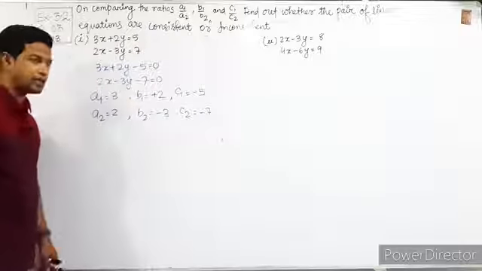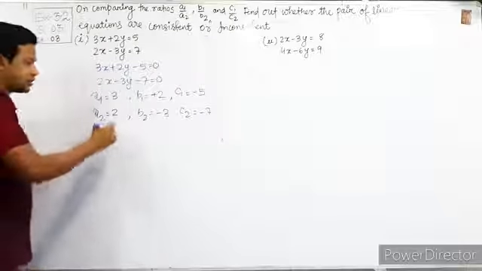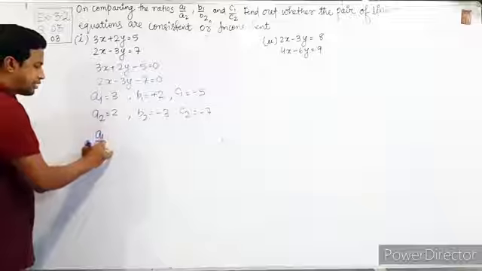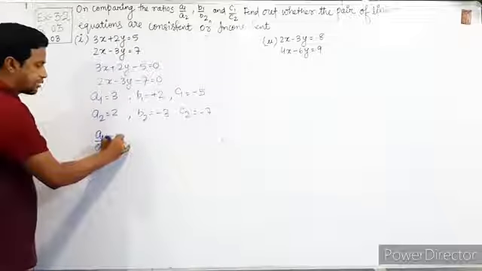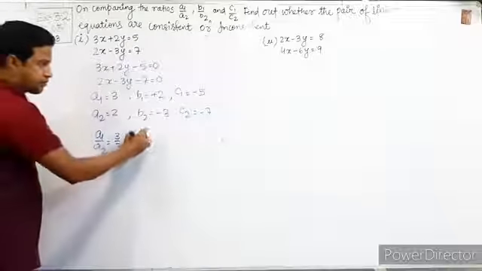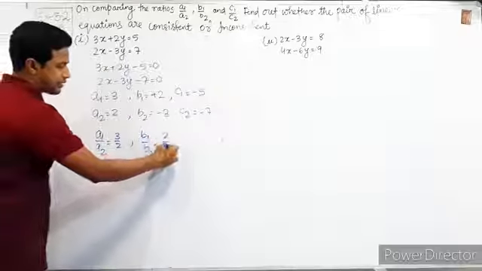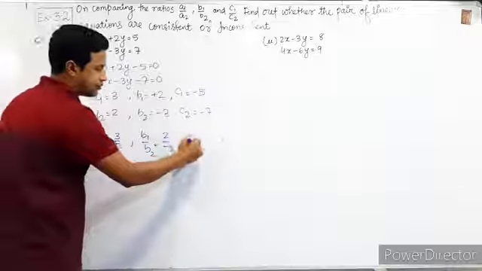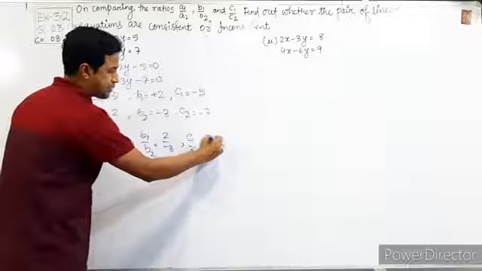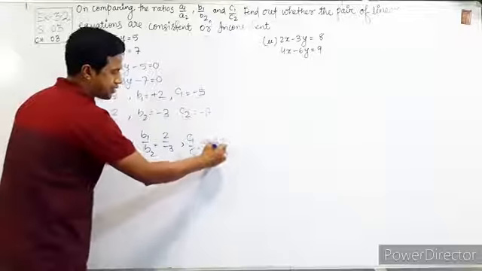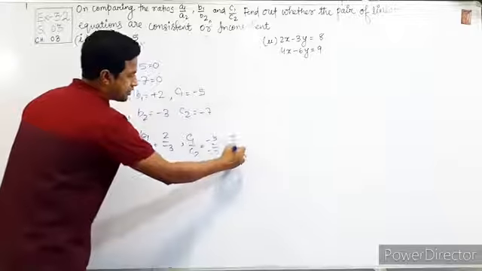Now compare the ratios. a1 by a2 is 3 by 2, b1 by b2 is 2 by minus 3, and c1 by c2, I got minus 5 by minus 7. After cancelling, I got 5 by 7.